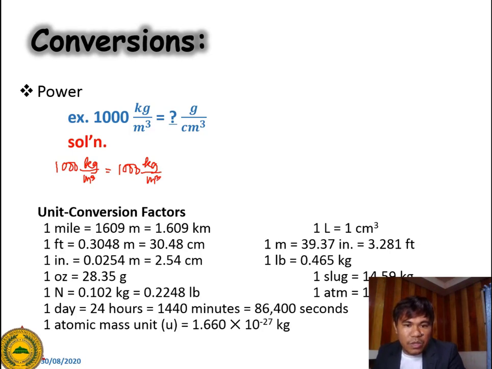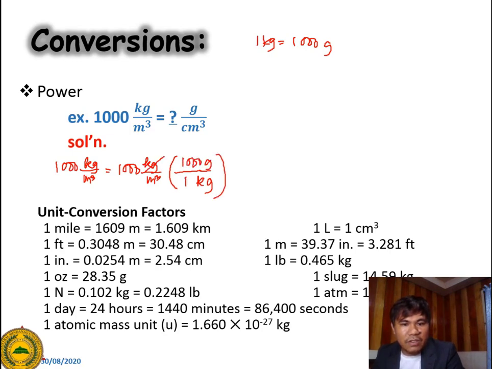So we want to convert first the numerator, that is actually converting kilogram into grams, and since we know that 1 kilogram is actually equal to 1,000 grams. In this case, since the kilogram is in the numerator, we write the kilogram in the denominator for the conversion factors at the bottom. That is actually 1 kilogram is equal to 1,000. So we can now cancel out kilograms here and there.